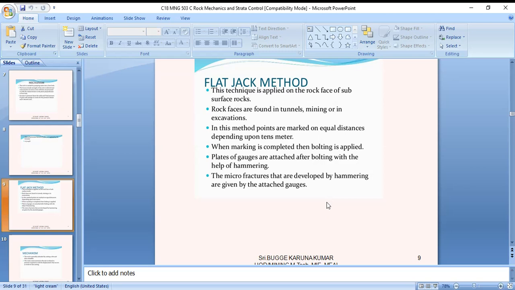Just before we go to the flat jack method, deformation sensitivity is important. The sensitivity of a deformation measuring instrument is defined as the smallest increment of the measurement of a quantity that can be read on the indicated scale. For an accurate scale read with the unaided eye, the sensitivity is about 0.01.